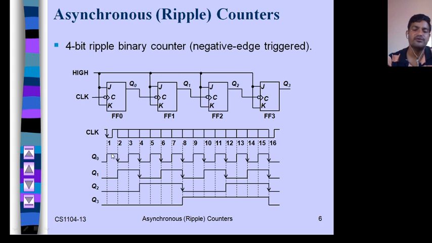Because I am using negative edge triggered flip flop and all inputs are high. So in all cases when J and K are 1, output will toggle. So check here, 0 1, in next negative edge 0, in next edge 1, in next negative edge 0, here is negative edge, 1 0 1 0 1 0. In this way Q0 is determined.